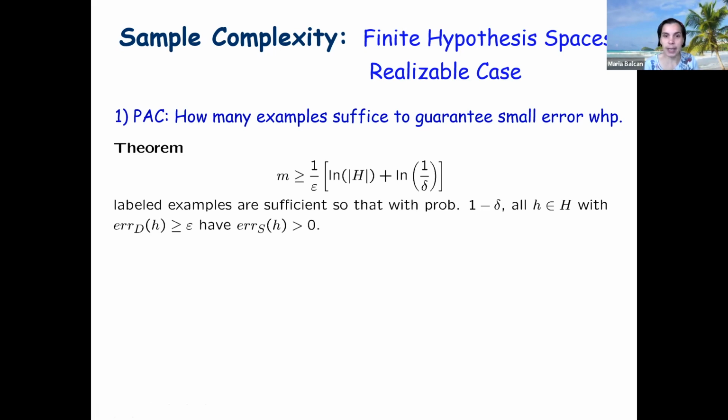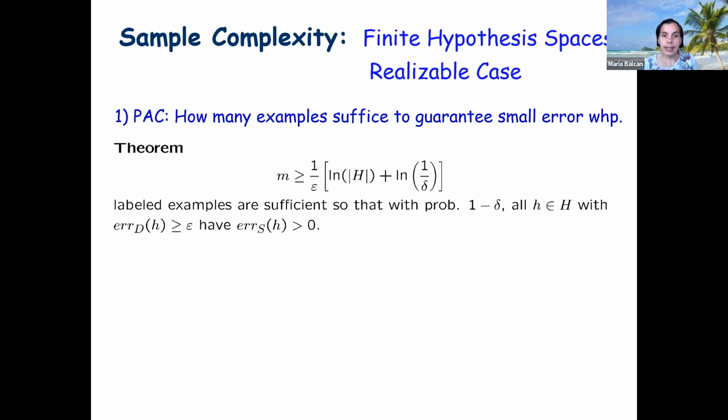If the number of samples we see in the training phase is like 1 over epsilon times log size of H plus log 1 over delta, then these many labeled examples are sufficient so that with high probability, at least 1 minus delta, we have it uniformly for all classifiers: if there are bad classifiers over the underlying distribution, with true error rate at least epsilon, we will be able to detect that over the sample, because they will make mistakes over the sample.